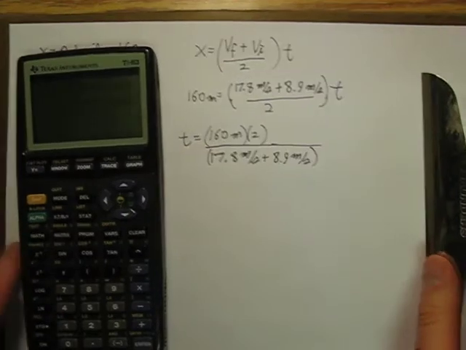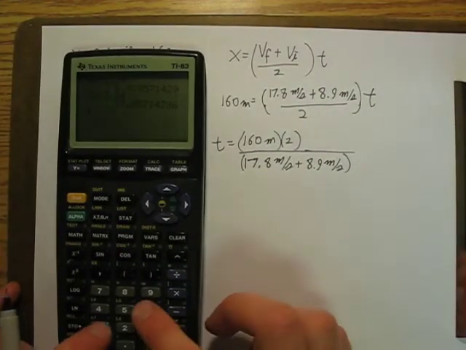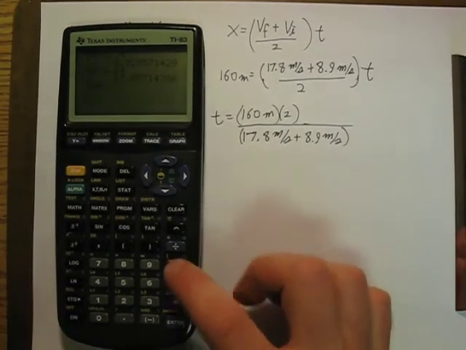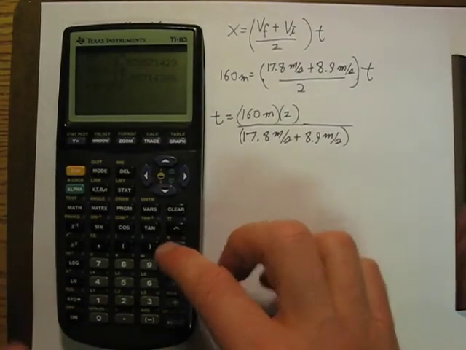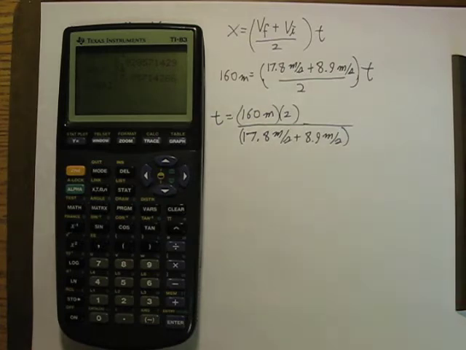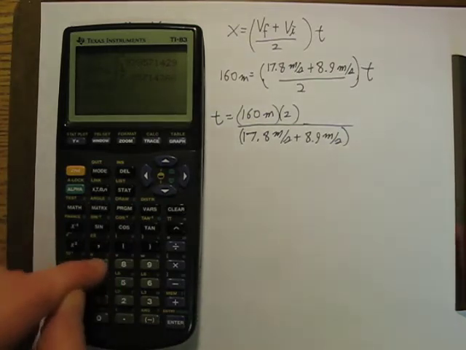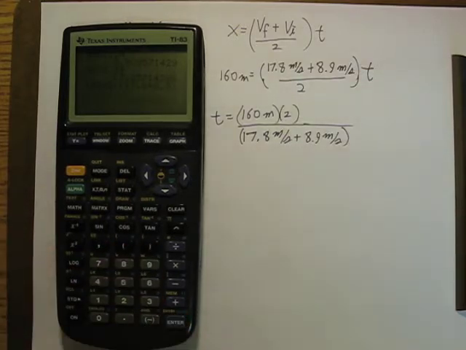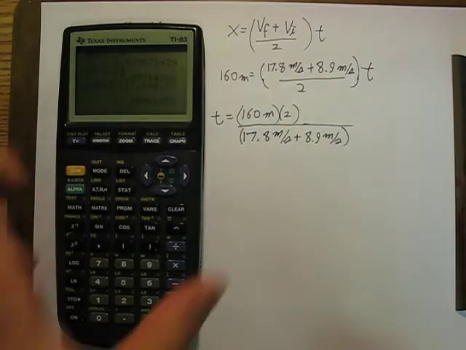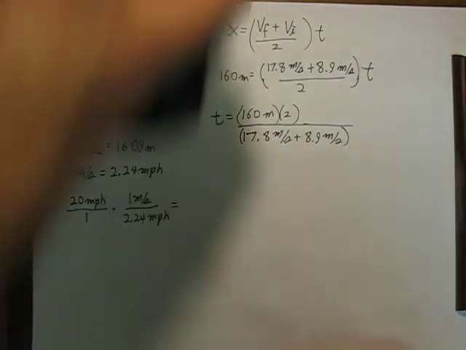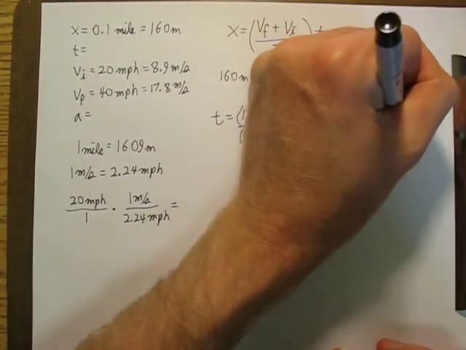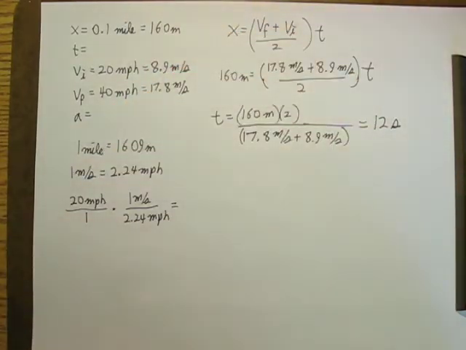Let's plug that into our calculator. 160 times 2 divided by, here's where we need parentheses, 17.8 plus 8.9, hit it, and I get 11.985, and I'm going to say that is 12 seconds.